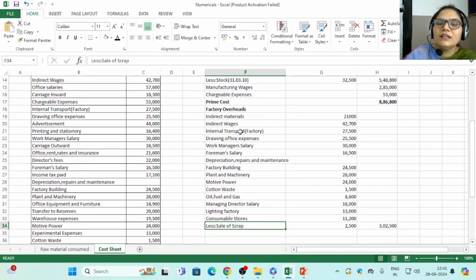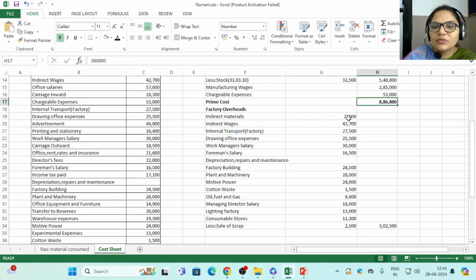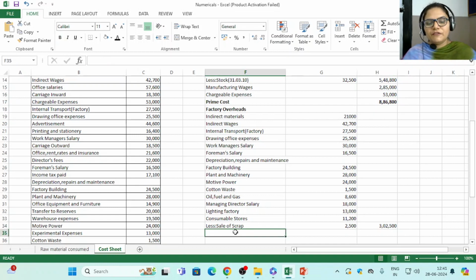After doing all these additions, that is 8,86,000 plus all these values minus 22,500 will give you 3,02,500, and this 3,02,500 will be added to 8,86,000, which will give you the final value of factory cost or work cost.